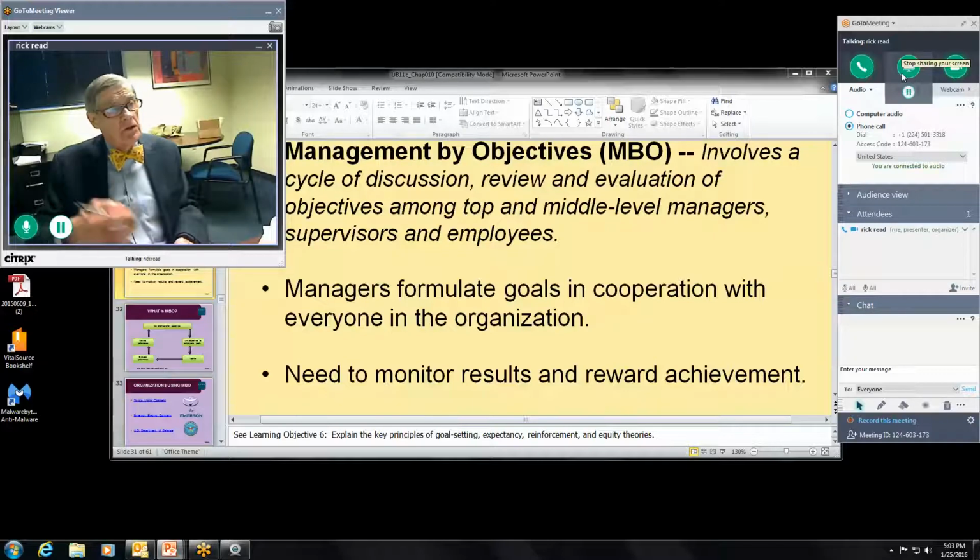We used a type of this when I was in the Army. The last set of performance evaluations we used a type of management by objective. And we, as supervisors, I'm using that term, were required to meet with our subordinates, the people that we rated their performance on a quarterly basis and review how well they've met the goals, et cetera.